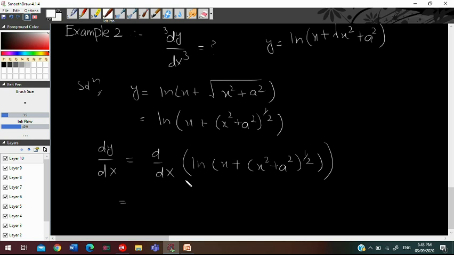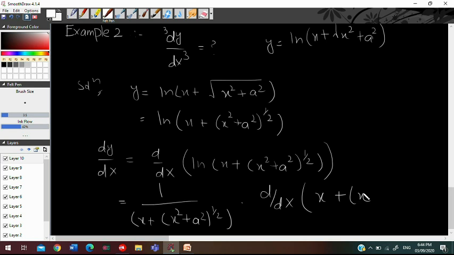We know that whenever we apply the derivative on a log function, the function becomes a reciprocal: 1 divided by x plus (x square plus a square) power 1 by 2, into the derivative of the inside of the brackets.